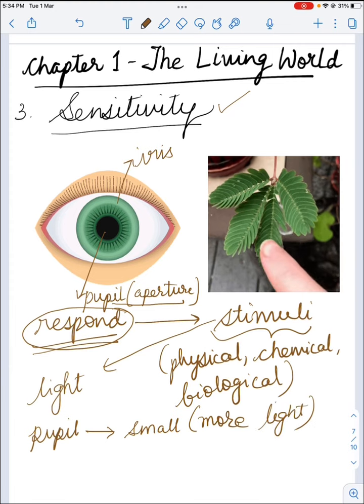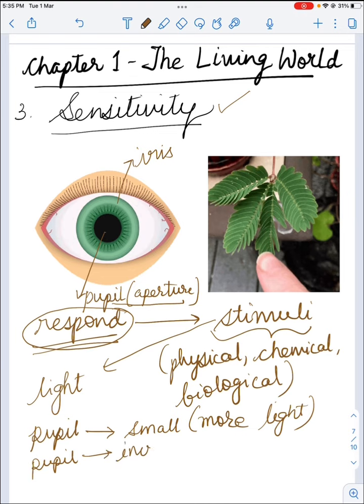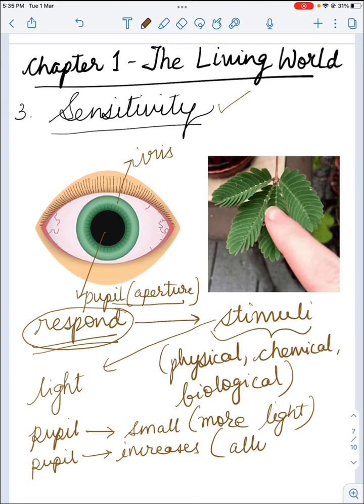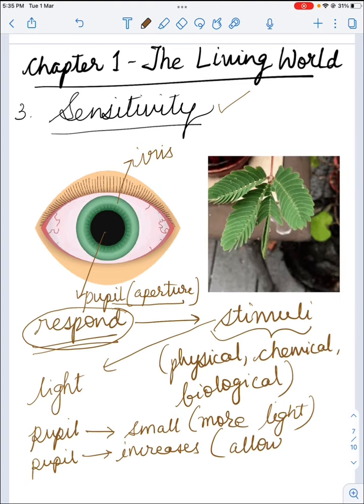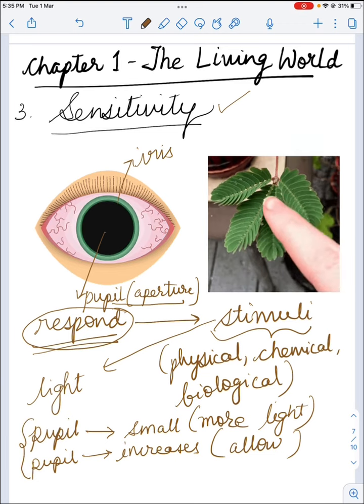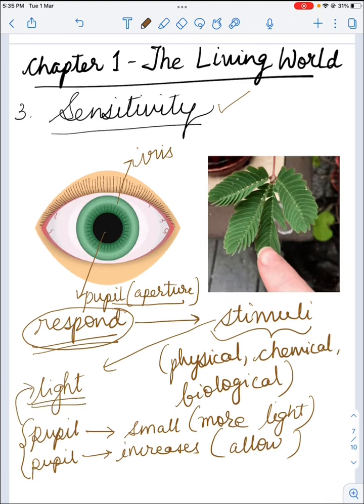But when the light is limited, or in dim light, our pupil widens. It increases to allow more light into our eye so that we are able to see objects more clearly. This is how our eye responds to the stimuli of light. So we exhibit sensitivity.